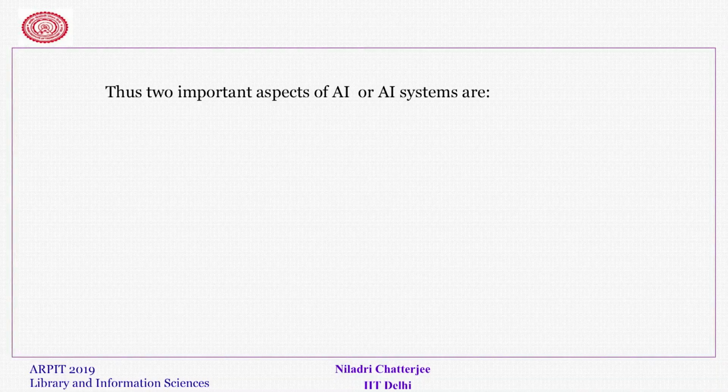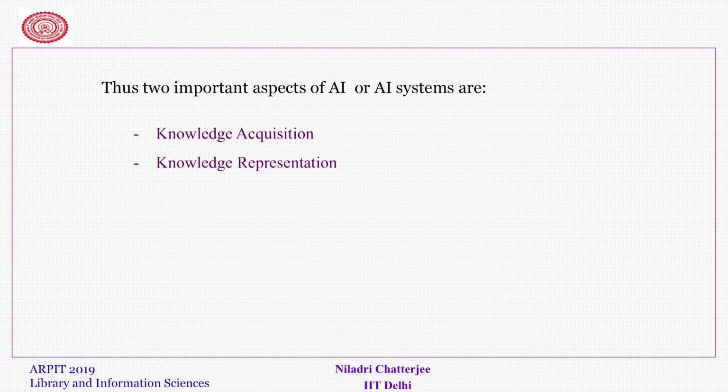Thus, two important aspects of AI based systems are knowledge acquisition and knowledge representation. That means, how do you acquire the domain knowledge or functional knowledge of the system, and how do you represent it inside the system for future use. That is the main focus of my talk.